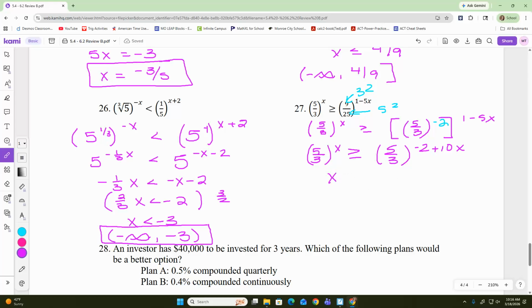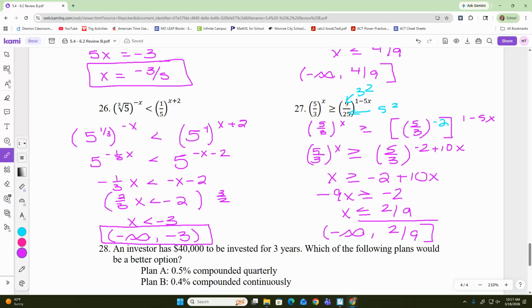Because my base is bigger than 1, I can drop the base, subtract my 10x. When I divide by negative 9, what happens? So less than or equal to 2/9, so everything smaller would be negative infinity to 2/9, equal to gives me a bracket.